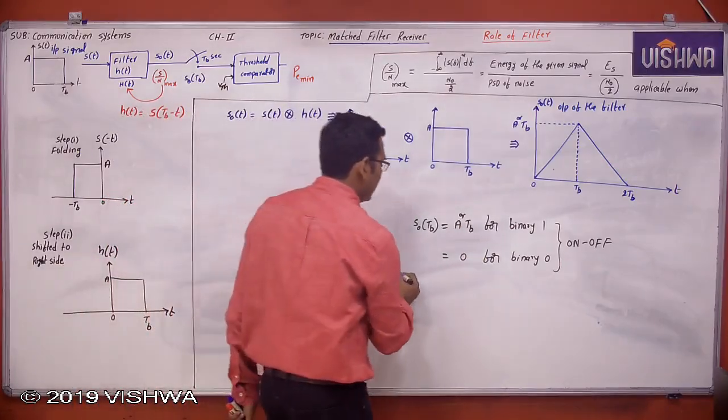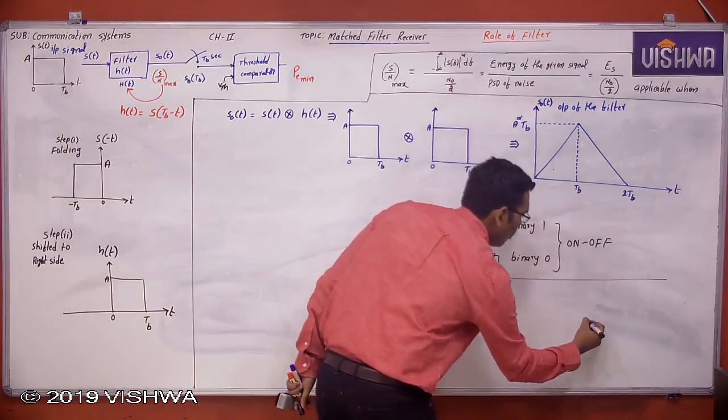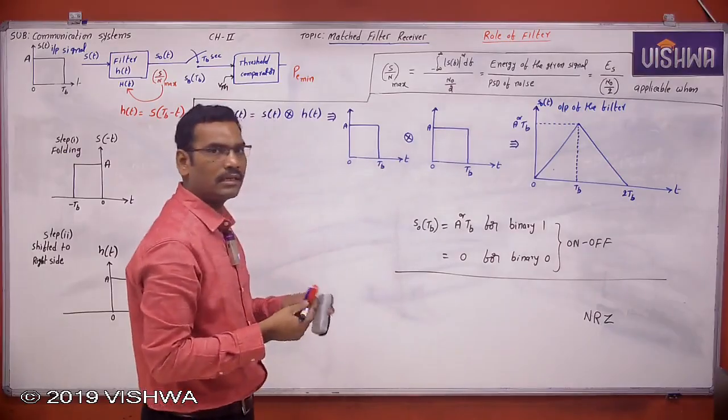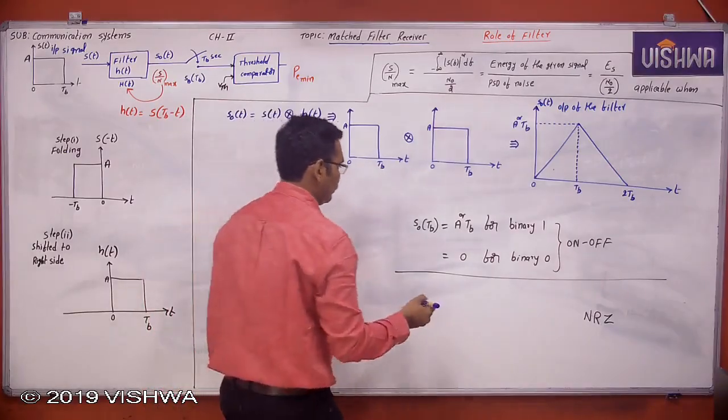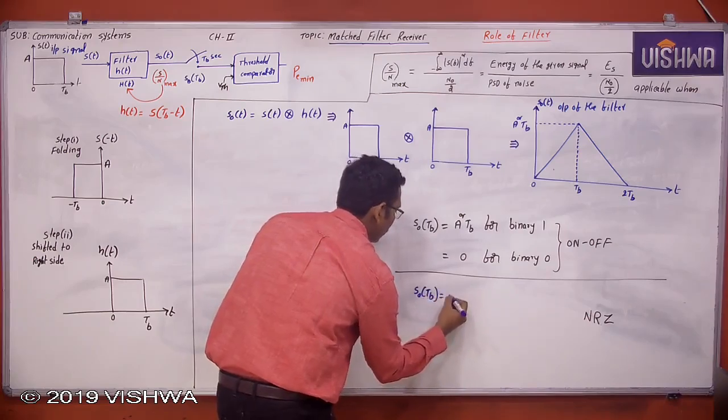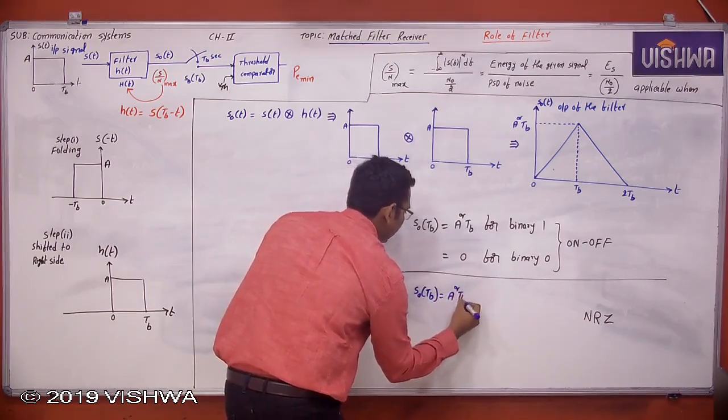Now if it is a non return to 0 signaling scheme, you tell me S naught of Tb.